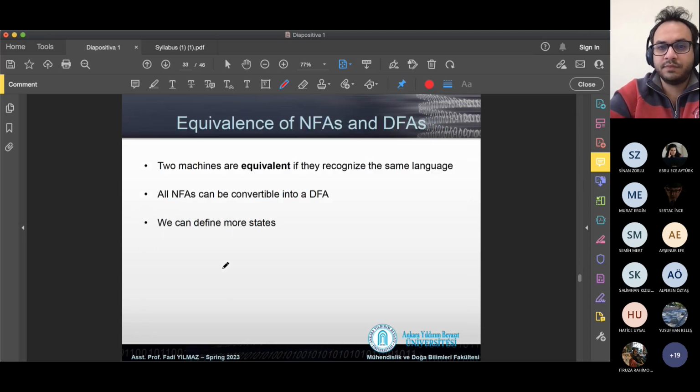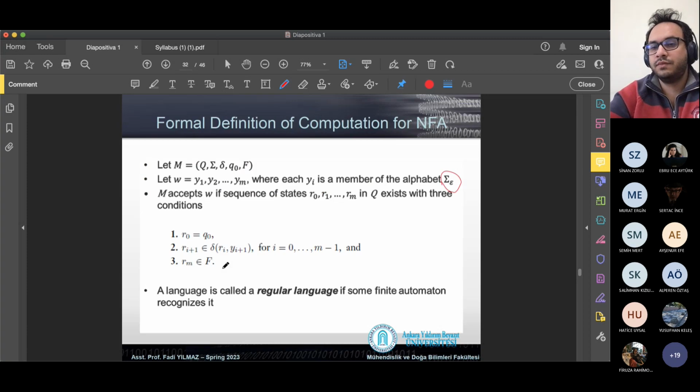So there's actually a question. Which one is more powerful? Is there any language that we cannot accept with a DFA, deterministic finite automata, but we can accept with a non-deterministic one? You can think of it like that. When I say which one is more powerful, it's something like that.